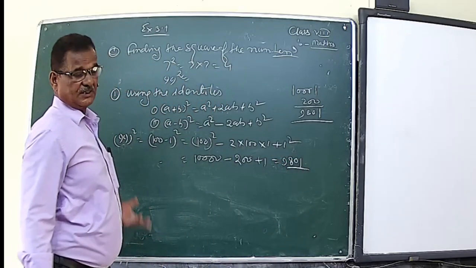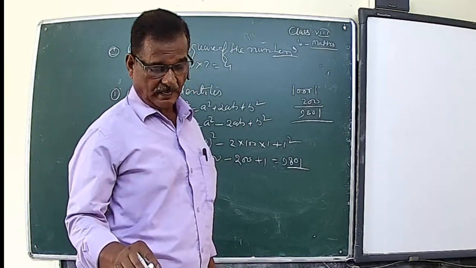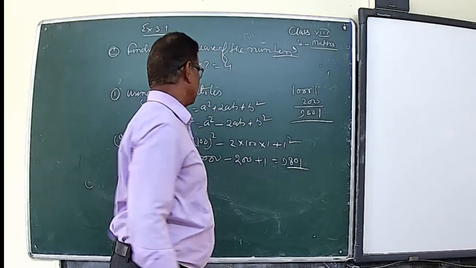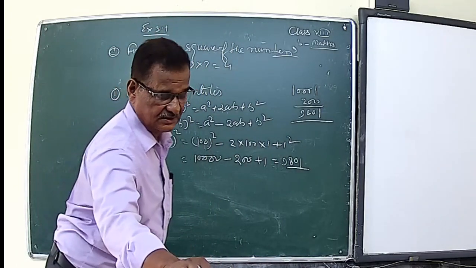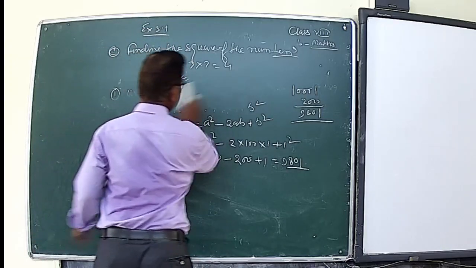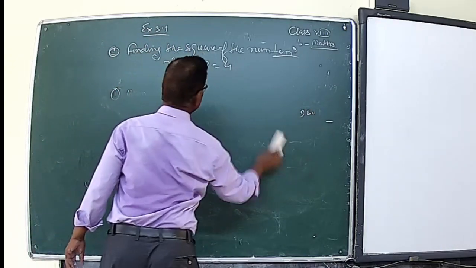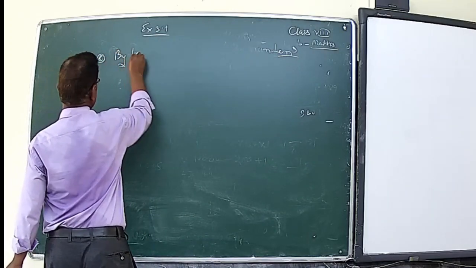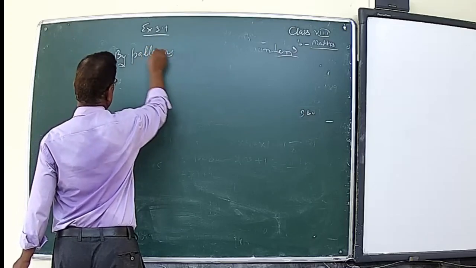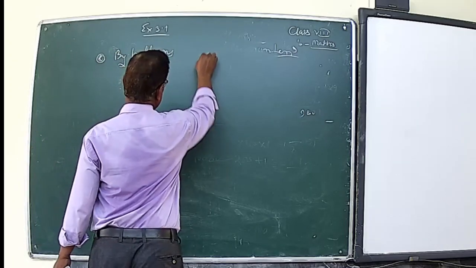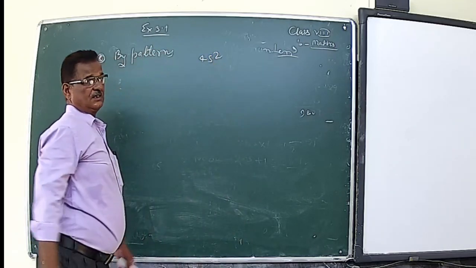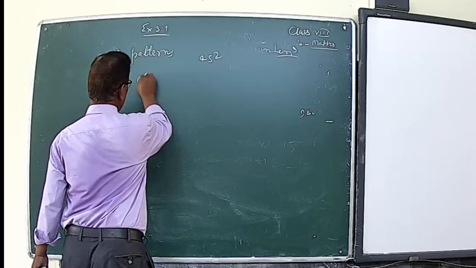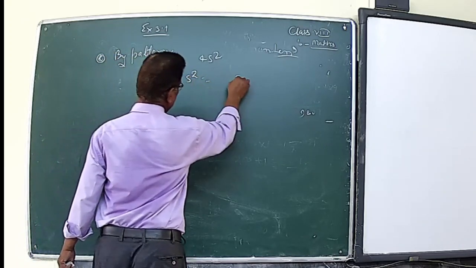The other method is the second pattern. By observing the pattern, suppose you want to find the square of a number ending in 5, such as 45. First you make the square of 5, which is 25.